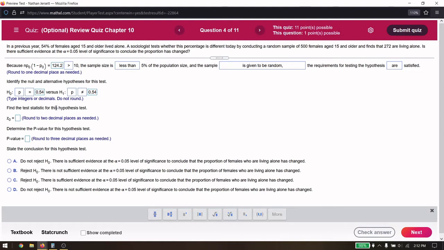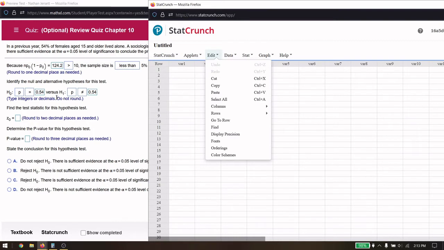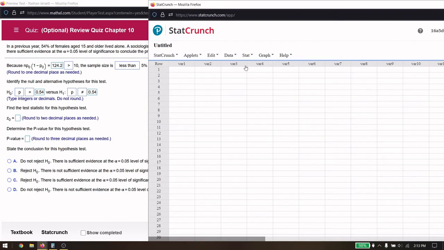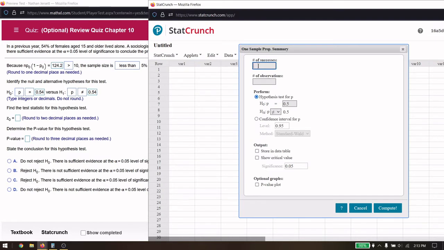Okay, to find a test statistic, we have to open up StatCrunch. All right, and we have a population proportion. We can use proportion stats, one sample with summary. We have all the information we need.